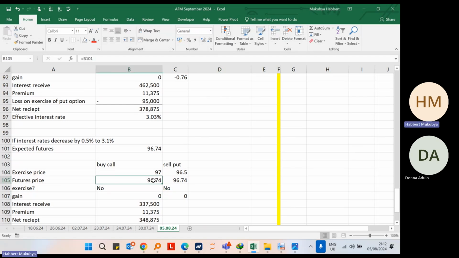This one, the futures price. No, the exercise price. And the exercise price is 97 and 96.5.